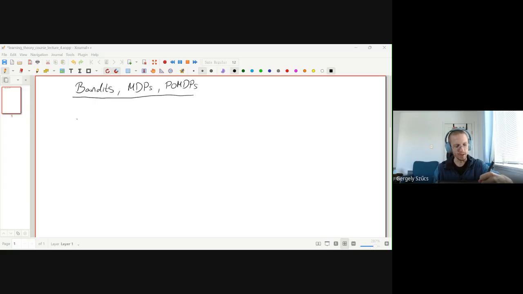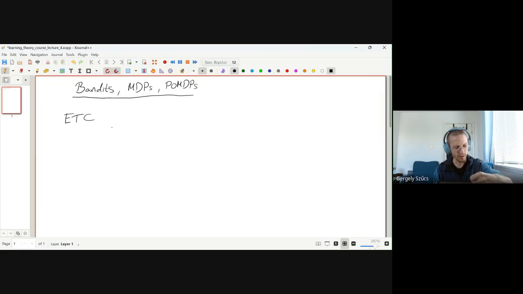Last week we looked at the explore-then-commit algorithm, ETC, and towards the end of the class we mentioned a few drawbacks of this algorithm.